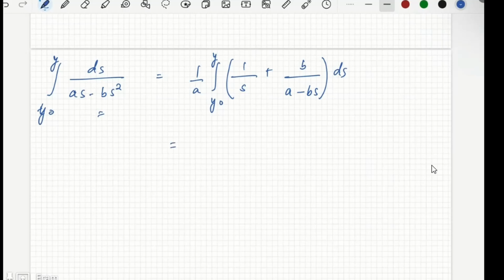Now what is the integral of 1 by s? It is ln s with limits y0 to y. And then what will be the integral of the second term?